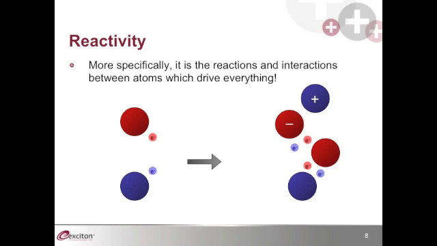Or two atoms may come together or react, and share electrons, forming a bond, where a large part of this reactivity is dictated by how much each atom wants to pull electrons from other atoms.